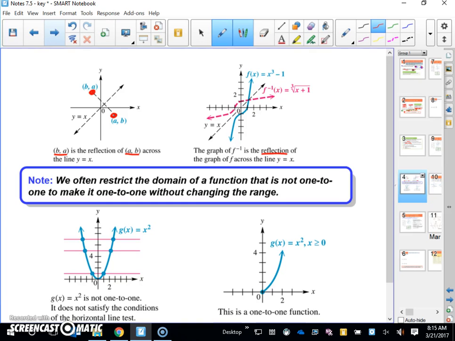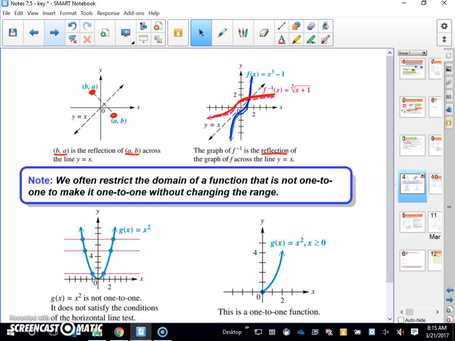So if this was your function, they reflected it over the line y equals x to get this inverse function. That's not something that we will be graphing. They're just trying to set this up and help you understand what an inverse is.